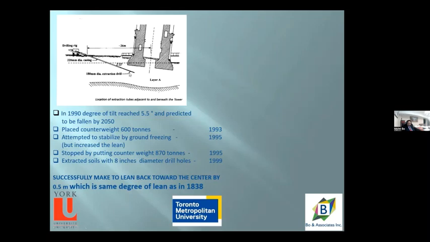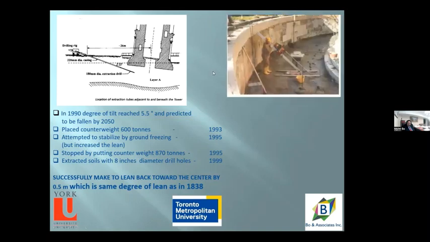So they drilled many inclined holes underneath the south side of the footing. This is the drilling of the inclined hole down to underneath the footing. This is a compressible layer that has already settled. Because of that, settlement is greater on this side, so it tilted to this side.